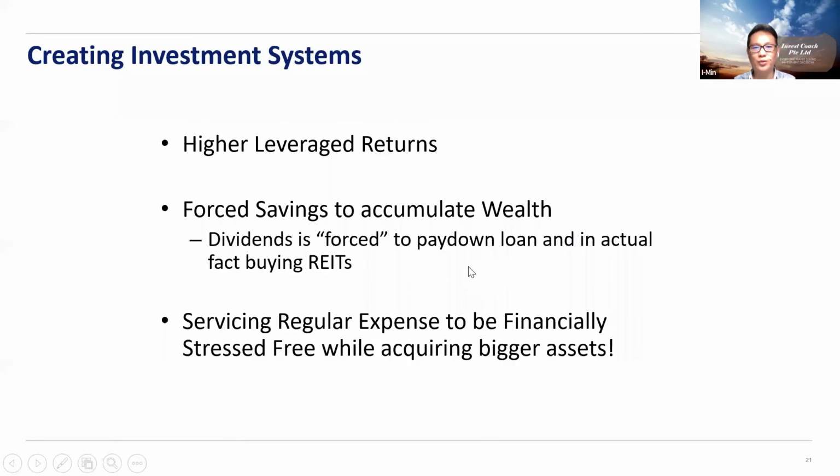Okay, so to summarize, basically with margin on REITs, why we do it: with leverage, you get higher returns and you can actually create a forced saving mechanism, because with the system that the broker sets in place, your dividend is actually forced to pay down the loan. So in actual fact, you're paying down the REITs that you have bought, as per what I shared just now.